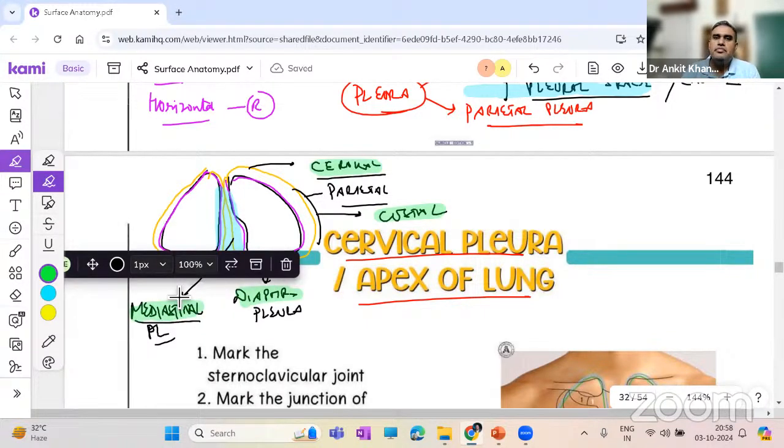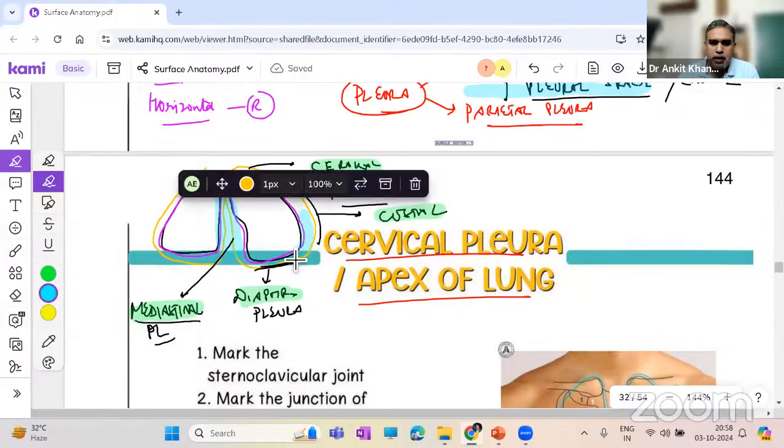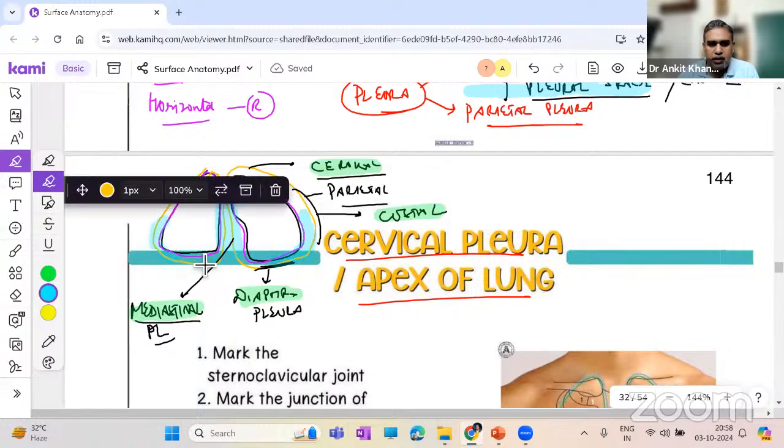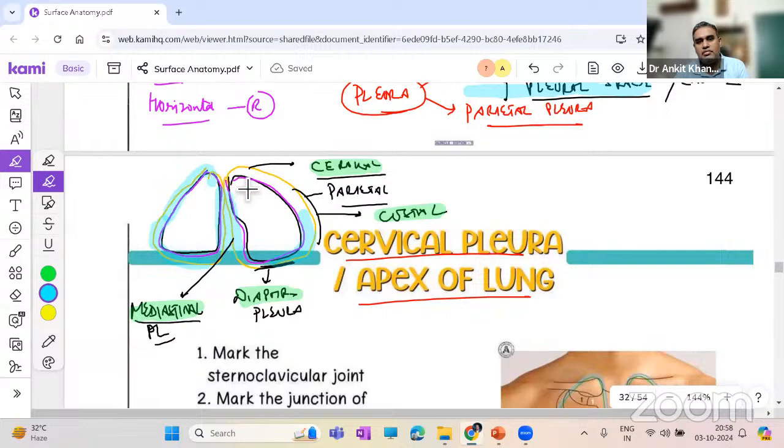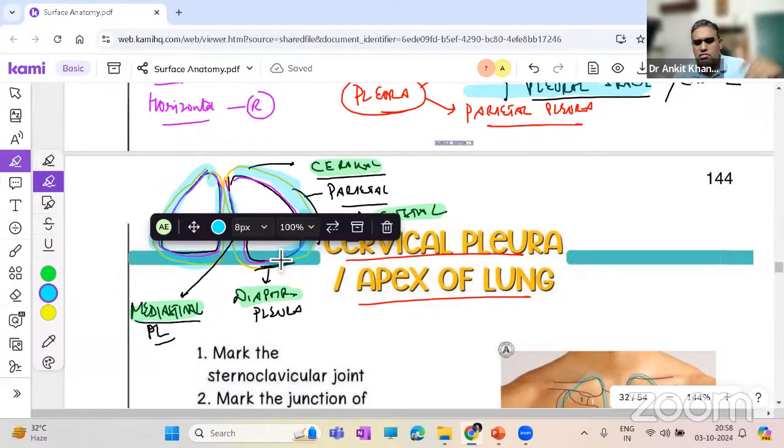Understand this. Why do we need to know them separately? Because many times some fluid might accumulate in the pleural space, not inside the lungs, but in the pleural space over here. Fluid accumulating here is known as pleural effusion or hydrothorax, and there are a number of causes. It need not always be a lung disease; many systemic diseases also, like diseases affecting the heart, liver, kidney, and any malignancy.